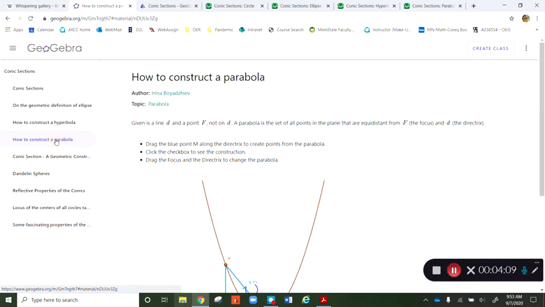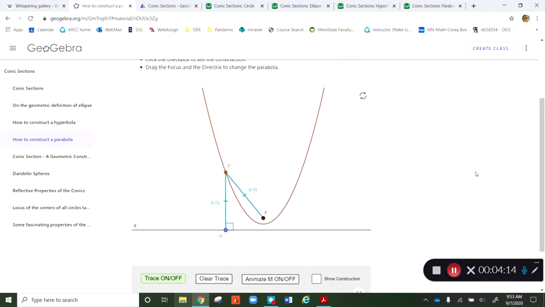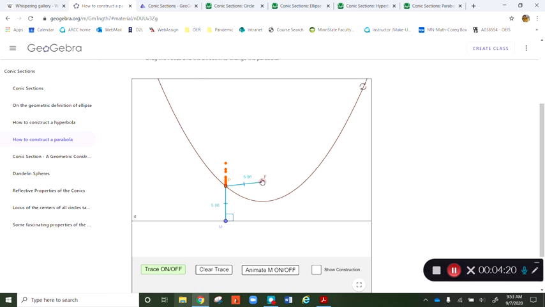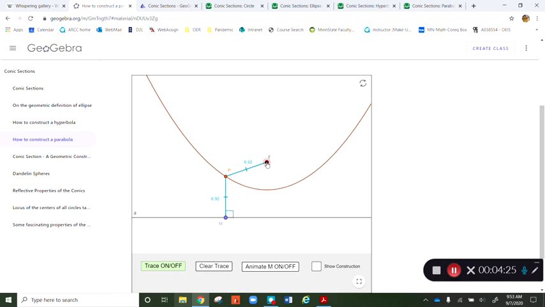And then the last one is the parabola. The parabola also has to do with a relationship between distances. But with a parabola, instead of having 2 foci, you have one focus, which would be this point here. This point here I'm grabbing as a focus. And then you have a line called a directrix. So this line down here is the directrix.